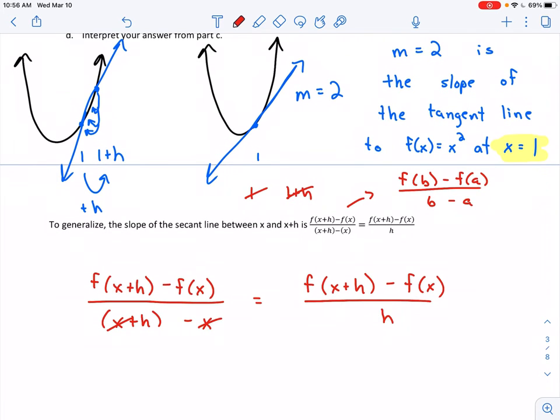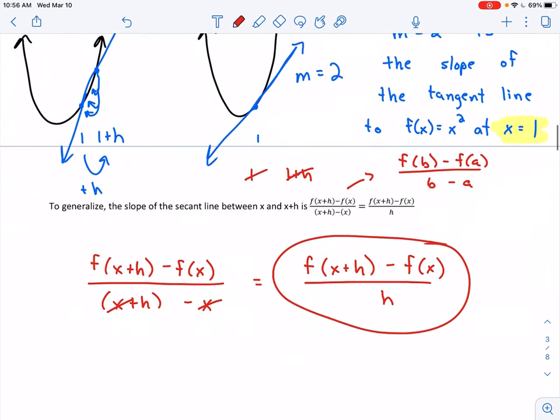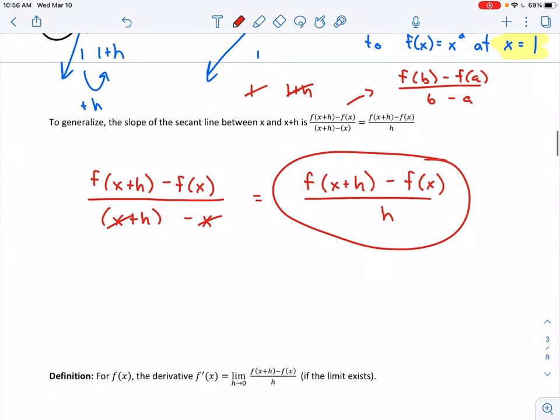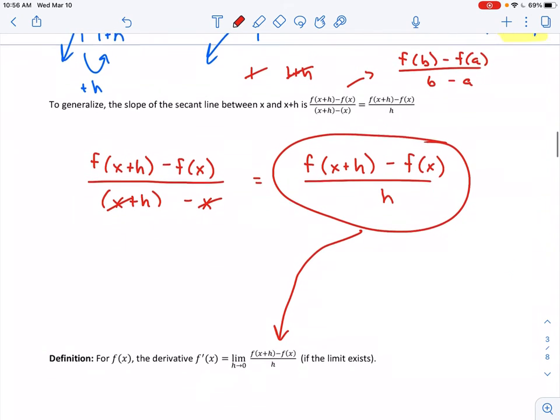And what did we do next? Well, we found the slope of the secant line, and then we applied the limit. And that's what we're going to do. And that's what's going to define this really important concept, this really important thing called the derivative.